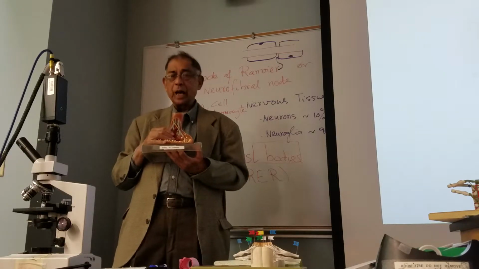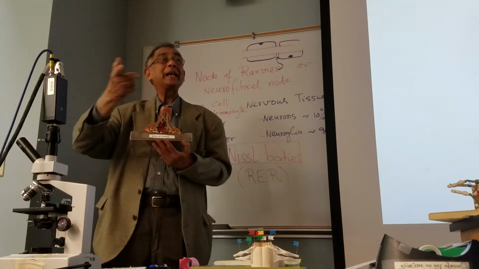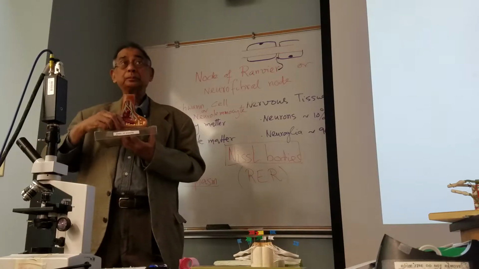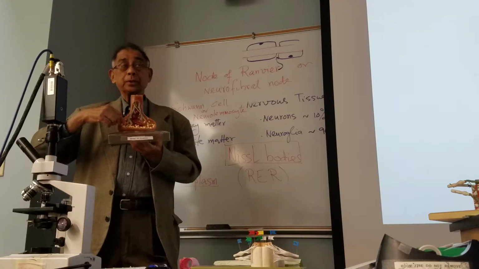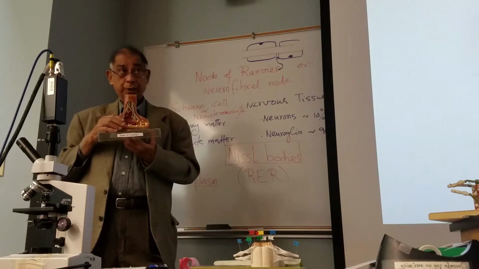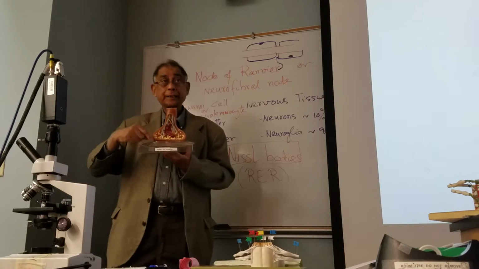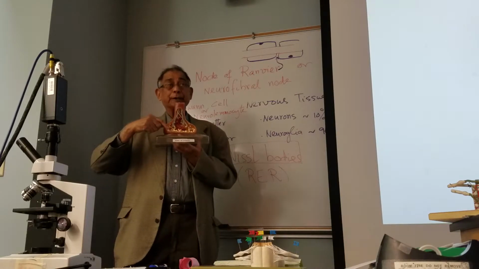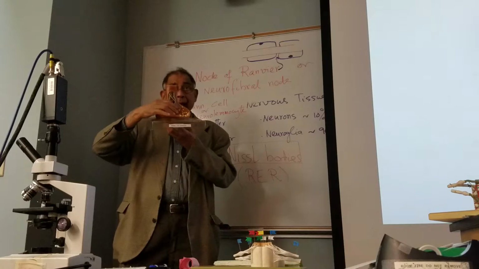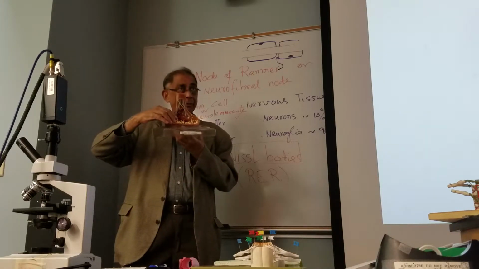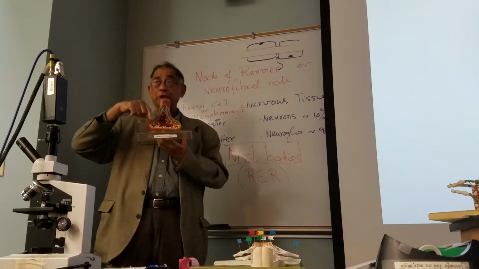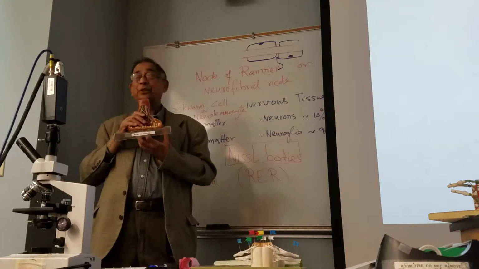Acetylcholine, ACh. So these beads, or synaptic vesicles, contain neurotransmitter molecules. Some of them have come to the periphery and are releasing the neurotransmitter, and that process is called exocytosis.